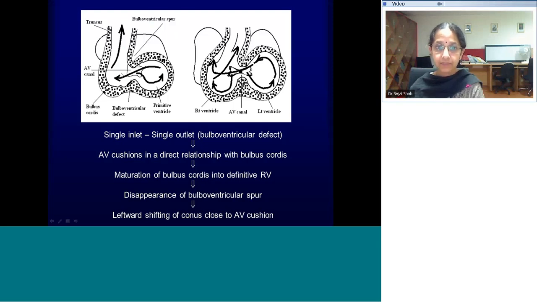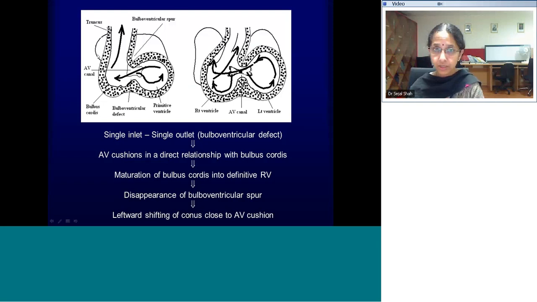Now after that, what happens is the atrioventricular cushions are also dividing into 2 separate openings along with the maturation of the bulbus cordis. So once the bulbus cordis develops well, after the looping, there is a disappearance of this bulboventricular spur and the whole conus shifts to the left side.